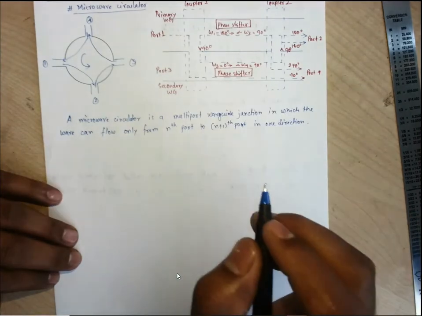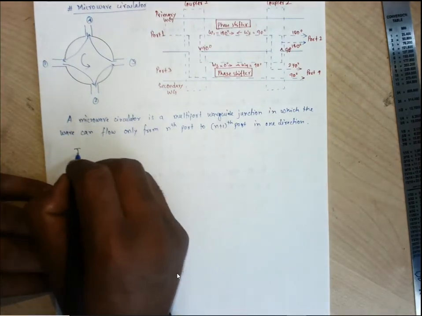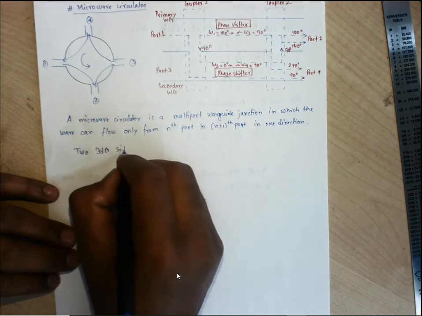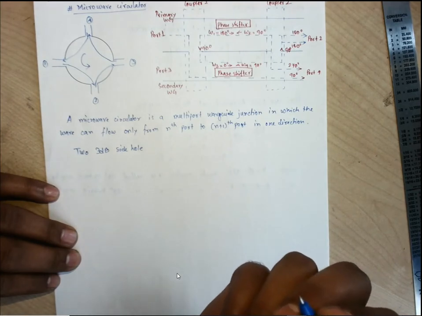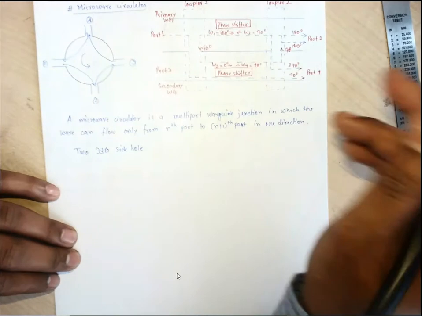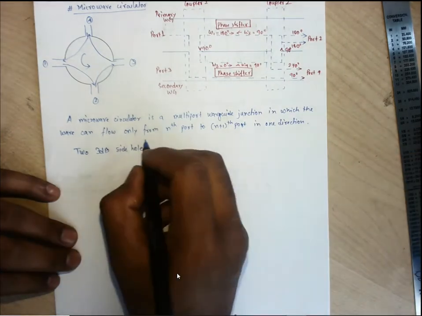So this design we can have with the use of two 3 dB side hole directional couplers. So it is not at all a planar directional coupler, it is based on the waveguide. Side hole means there are some kinds of holes present by which the waves enter or go out from that waveguide structure.